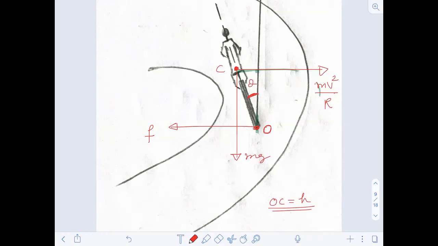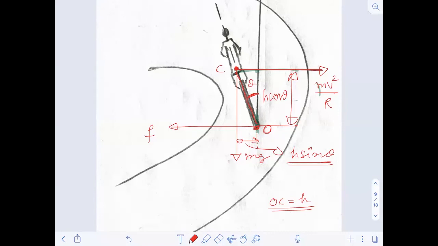See here, this is OC, this height is h. I'm asking about the moment of mv square by r about point O. This is the mv square by r line of action, and this will be its moment arm. If OC is h, this vertical height will be h cos theta. For mg, it will be h sin theta.